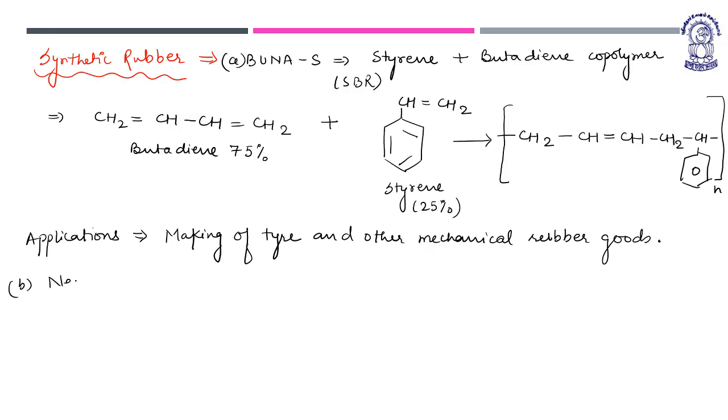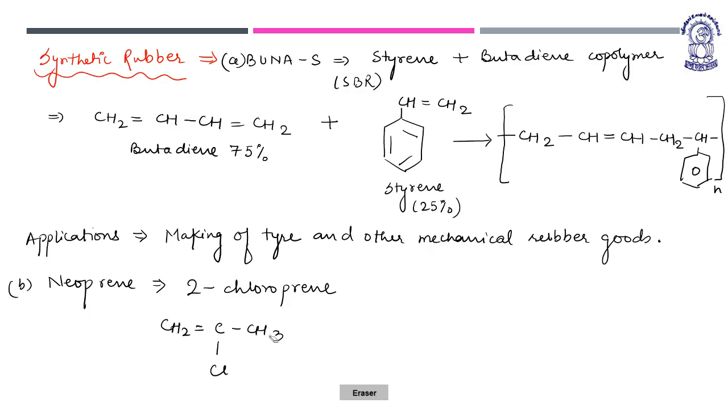Then comes neoprene, which is basically 2-chloroprene, CH2 double bond C. Now the polymeric formula is as shown.